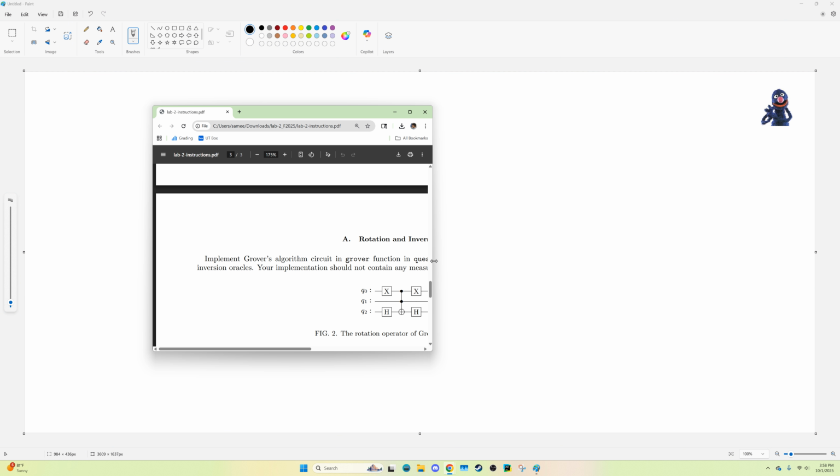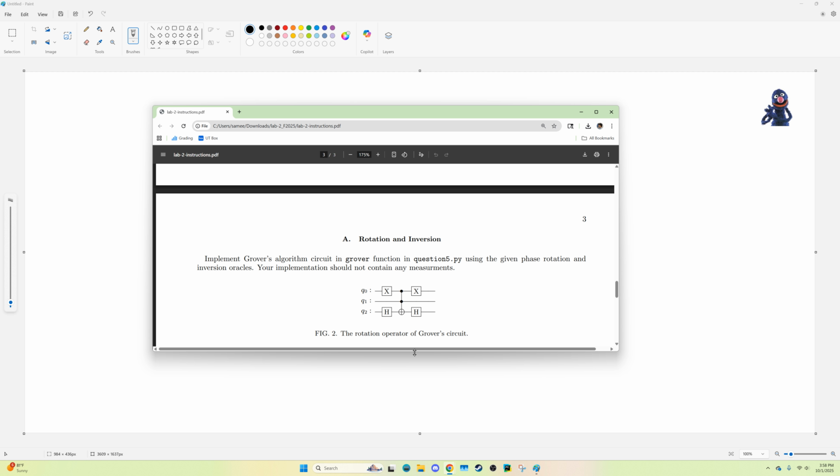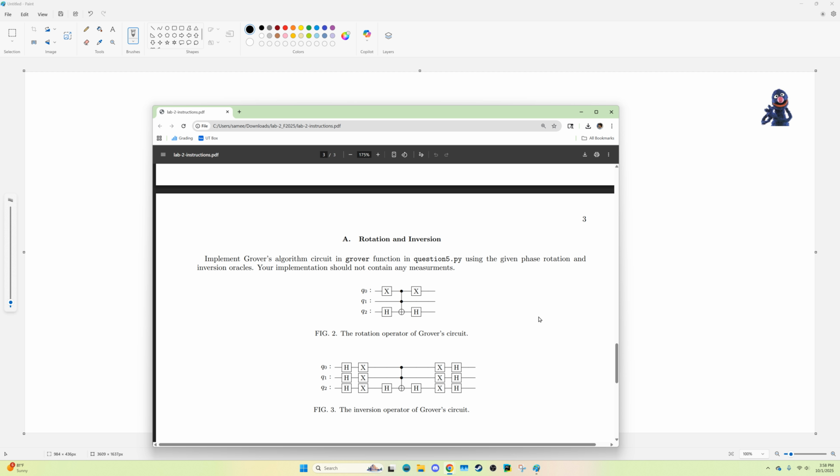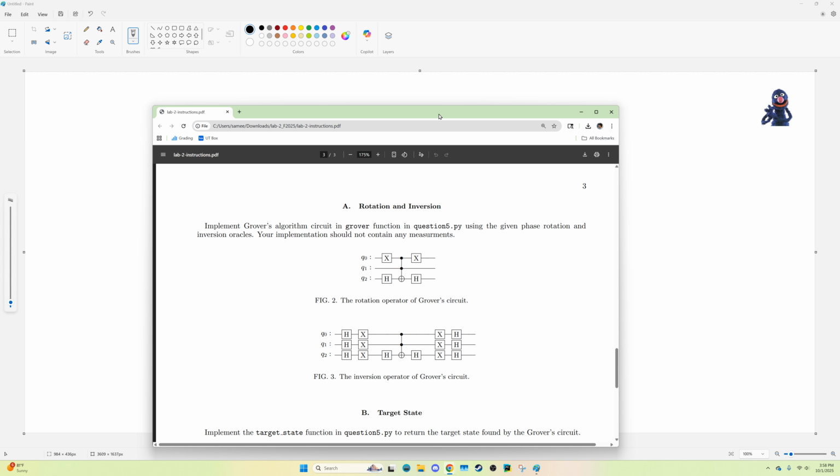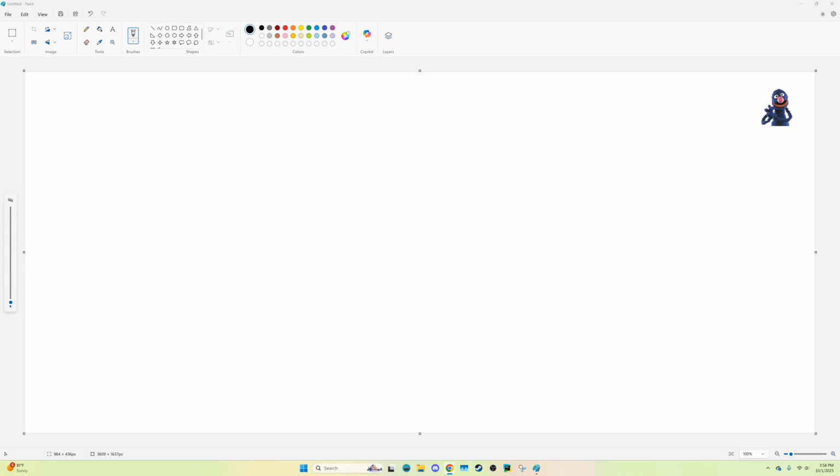And if you'll remember from our Gradescope problem, the one where it asks us to do the rotation and inversion right here for the Grover circuit, we have to implement a Grover circuit and then find the secret string. That is a better example or application of Grover's algorithm than the database lookup.